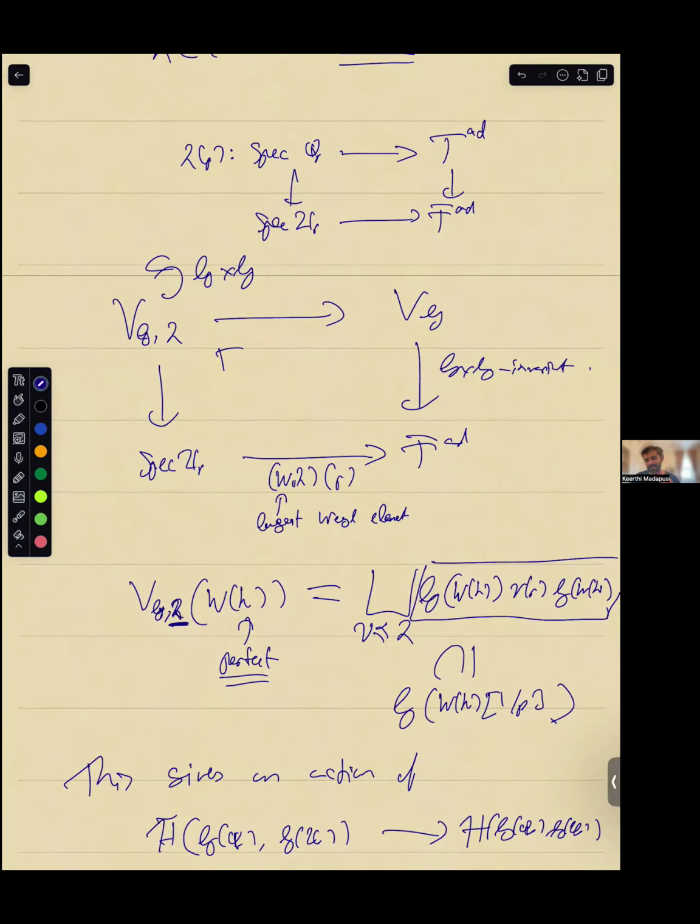For each cocharacter, what this is telling you is that you get a notion of isogeny that pointwise is somehow an isogeny bounded by lambda. So you get all these guys acting, and because these are geometrically defined, you automatically get some kind of algebra acting.